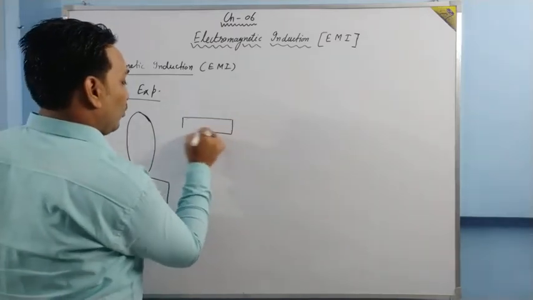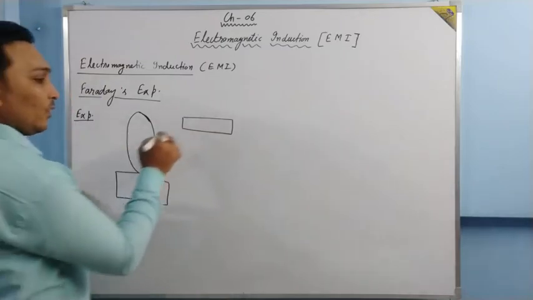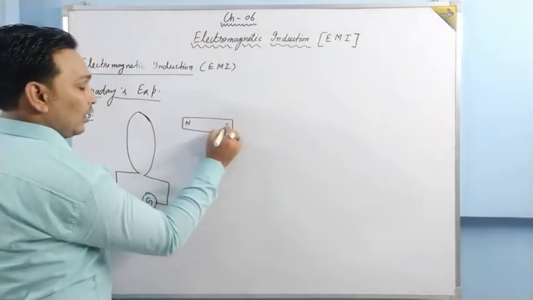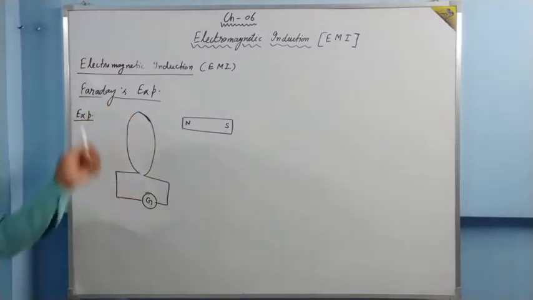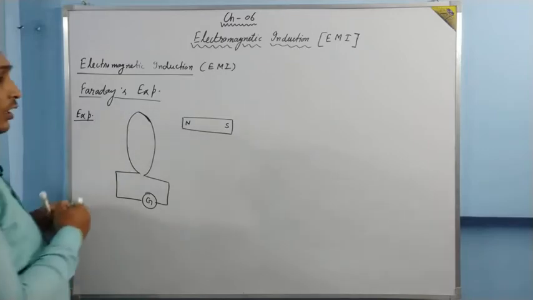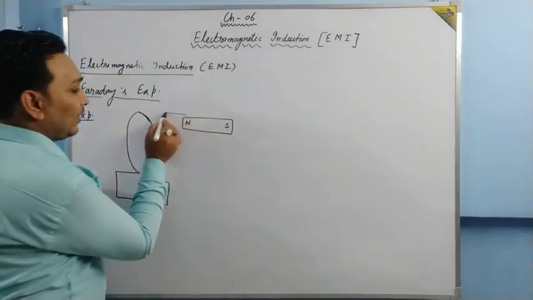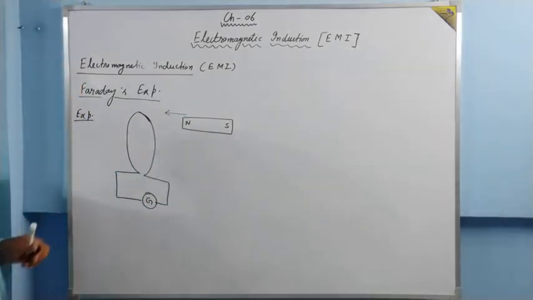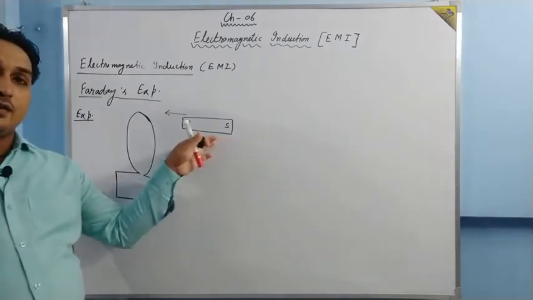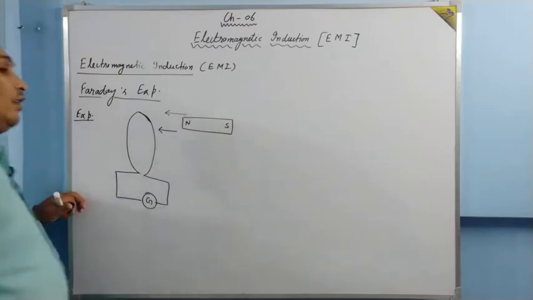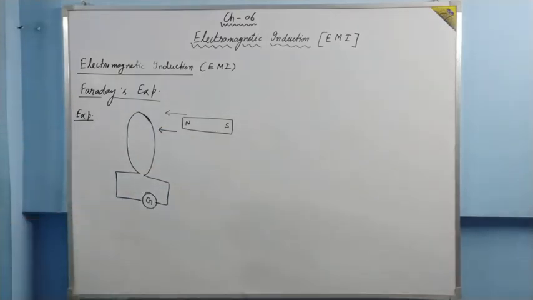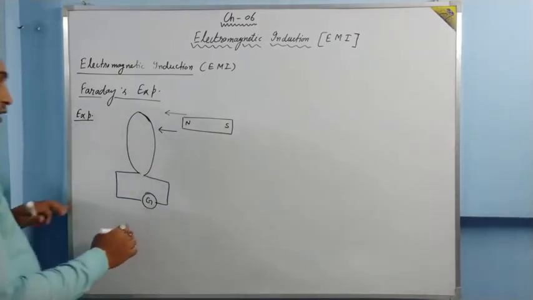What did Faraday do? He put a coil there. Coil means simply a circular loop, connected with a galvanometer, and he brings a magnet towards the coil. Then he observed that there is a deflection in the galvanometer.